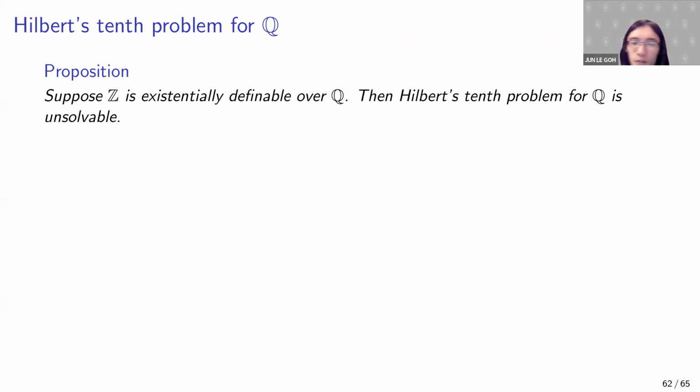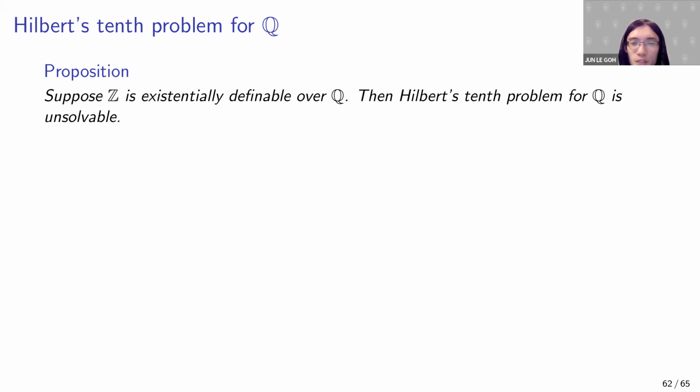If we were able to show that Hilbert's 10th problem for Z reduces to Hilbert's 10th problem for Q, then by the unsolvability of the former, we would know that the latter is also unsolvable.